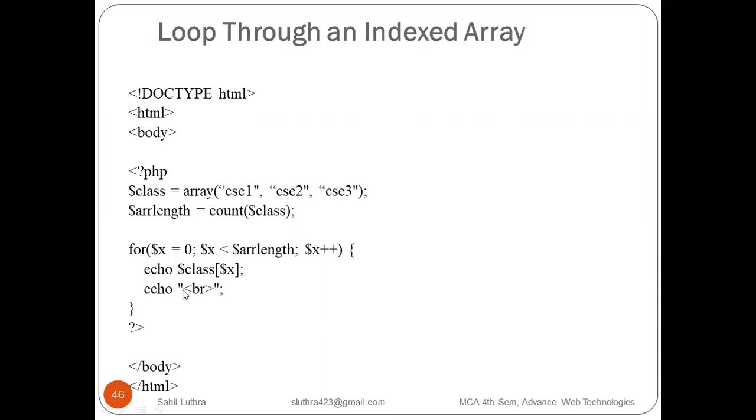And after that, echo br. What it means is that the next value will come on the next line, the first value, and then the next value will come on the second line. So this is how we can use an indexed array. After that, the closing curly brace, and at last our PHP section will be closed. So this is how we can create an indexed array, and also with the help of a loop.